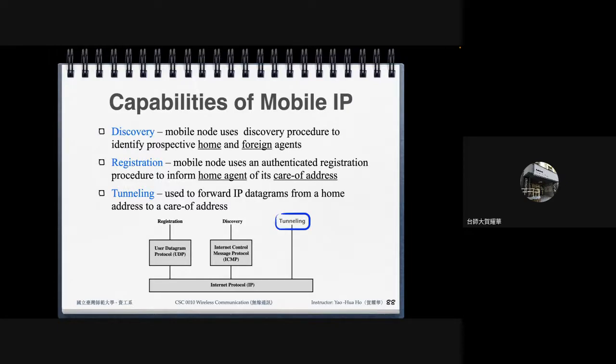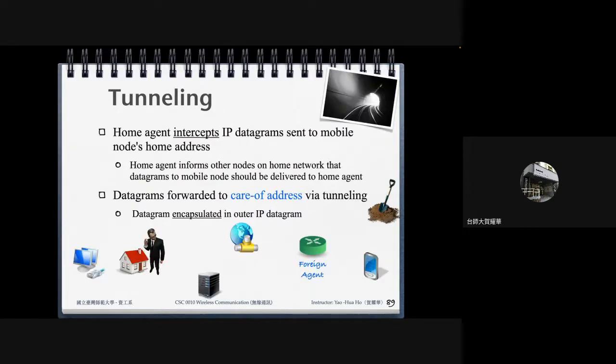So once you discover you're in the foreign network, you register yourself to a home agent with a care-of address. The next thing is to do tunneling. The tunneling is very simple. Every time the home agent receives a message or packet, an IP datagram for the mobile device's home address, the home agent will inform other nodes in the network that the datagram should be delivered to the home agent.